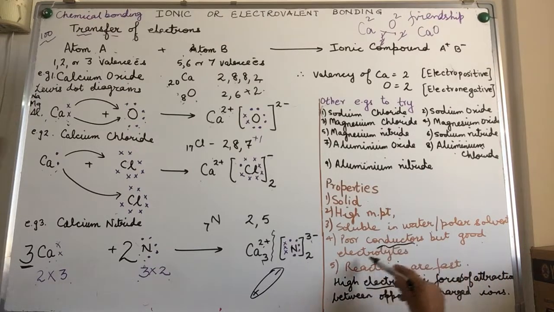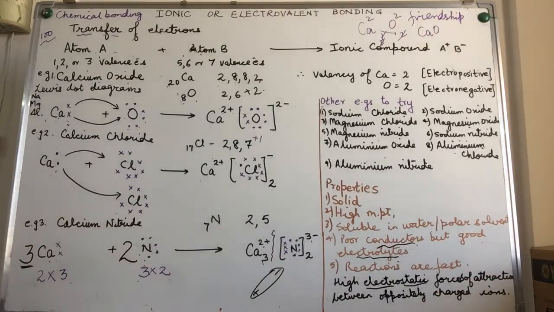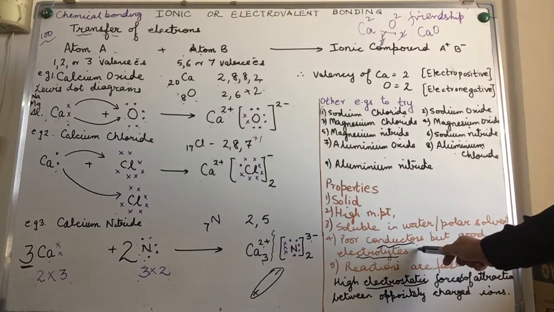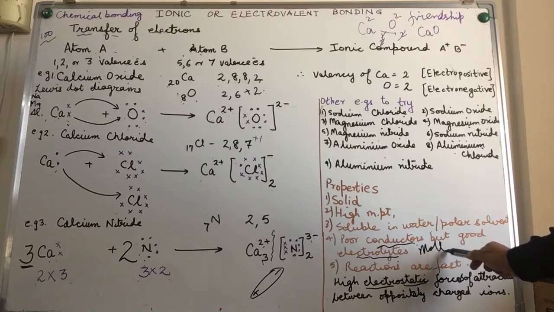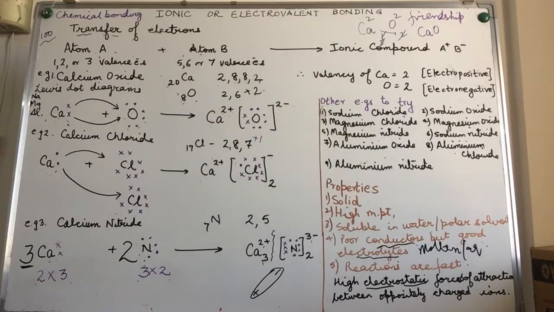I'm talking about conductors here and then electrolytes. Conductor means something which allows the current to flow through it in the solid state. Electrolyte means a substance which allows electric current to flow through it in molten state or aqueous solution. And in the process it undergoes a chemical change.